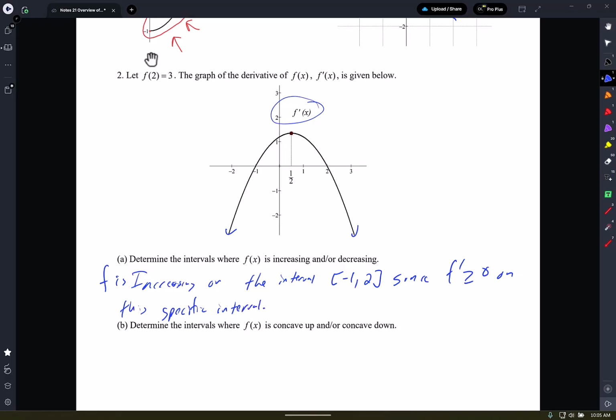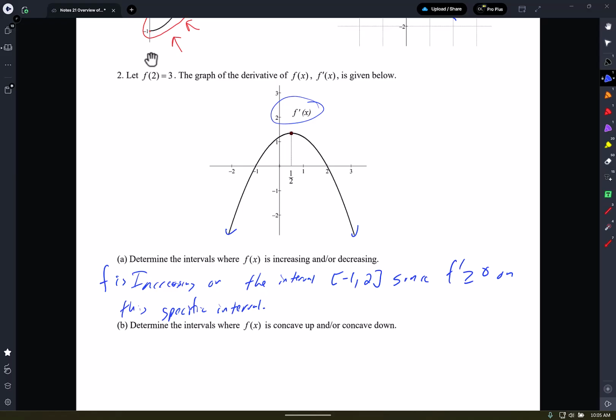When you're increasing and decreasing, you use brackets, and if it's concavity, you use parentheses. I didn't want to write another statement, so I just put the greater than or equal to. You could have just said f prime is greater than 0 between -1 and 2, but if you do that, you got to put parentheses.